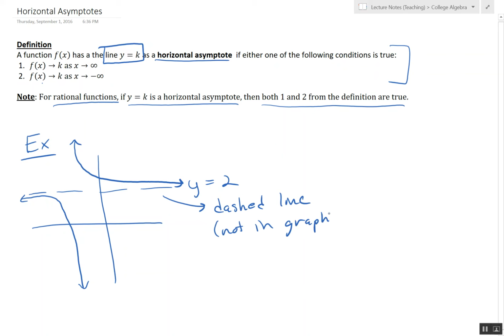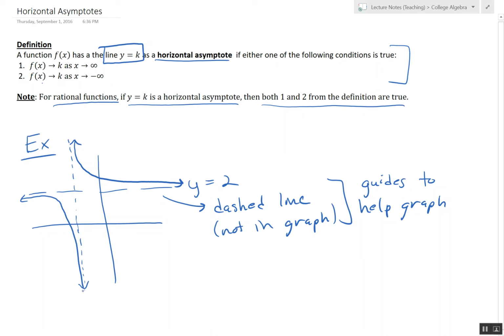One thing you want to think about with asymptotes is they're really guides to help graph. They're really simple lines that help you define the shape of your graph. And actually there's another asymptote here called a vertical asymptote in this picture.